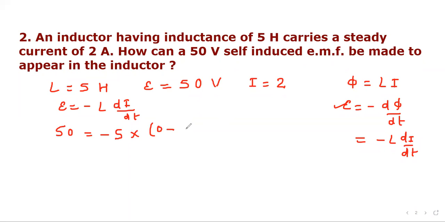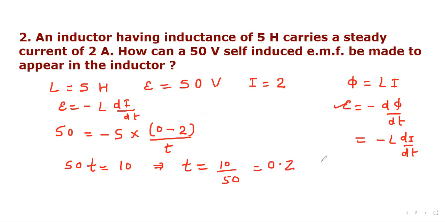Suppose current becomes 0 and initial current is 2 ampere, divided by time. That is to be found. So from here we get 50t equals 10 or t equal to 10 by 50 or 0.2 second. Thus, an induced EMF of 50 volt can be generated by reducing the current to 0 in 0.2 second.